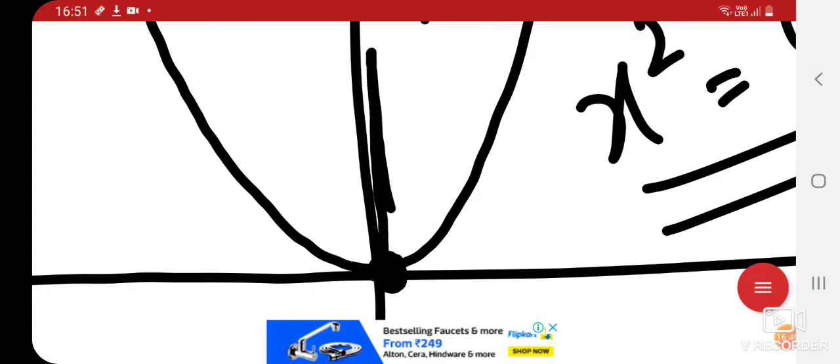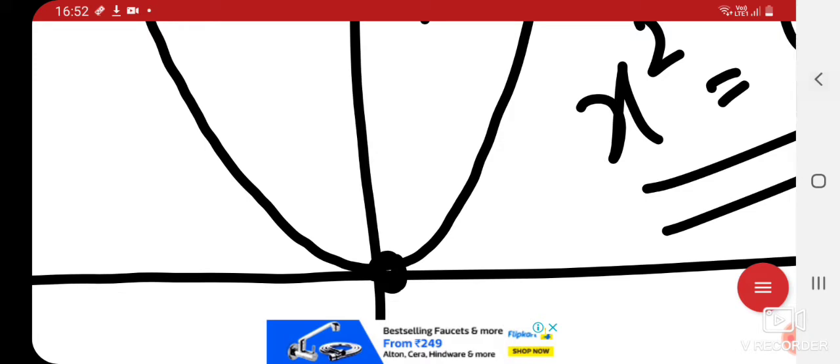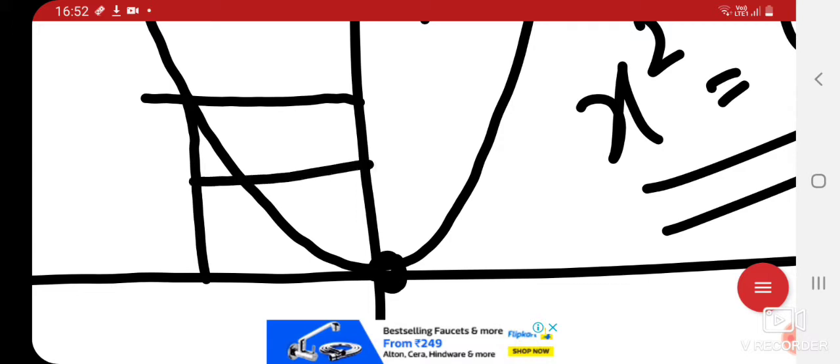Let's suppose this distance is F, this is M, and from here to here this distance must be half of, sorry, the distance from, you know that you need to obtain a square.